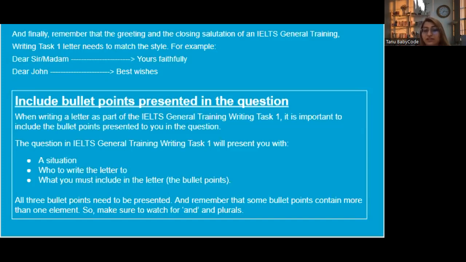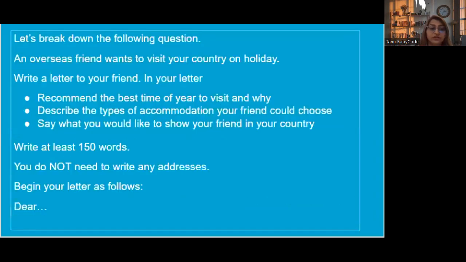When writing a letter as part of your task, it is important that you cover the bullet points, right? A situation, who to write the letter to, and what you must include in the letter. So all three bullet points need to be presented. Remember that some bullet points contain more than one element. So make sure to watch for that and then write about it.